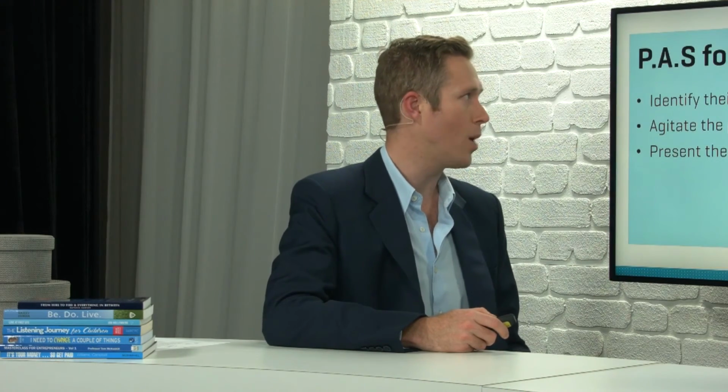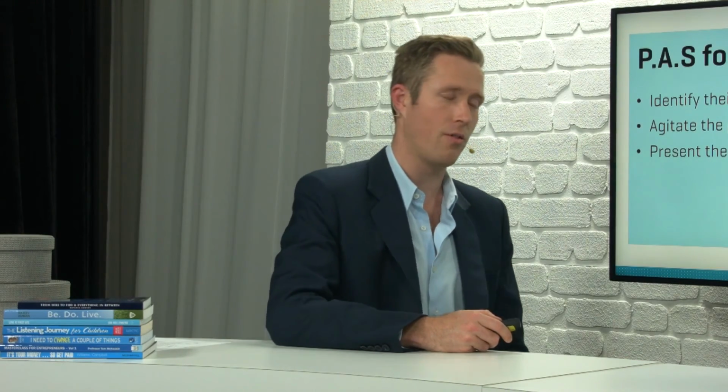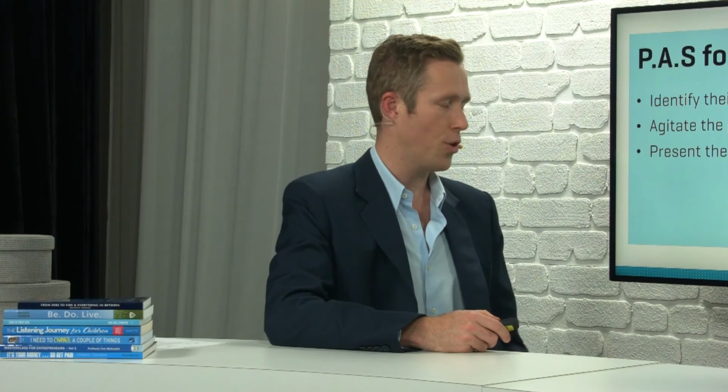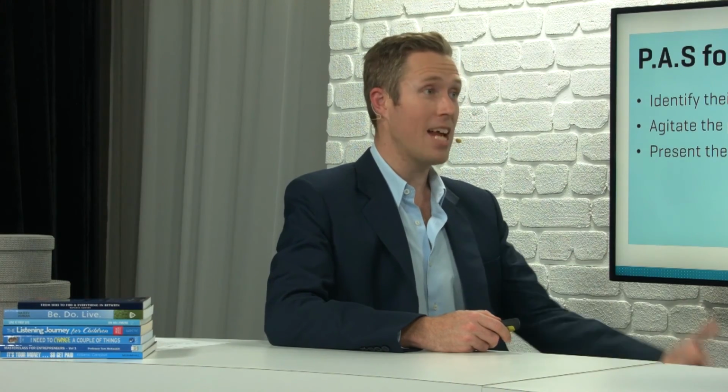It's when we're probably a little bit overweight and we're thinking, geez, I need to get in shape. It's the same with security. We think about it after the pain has occurred. So that starts with the PAS formula, because the first one is identify the problems of your target audience, and people do that through research. Then agitate the problem. So that's the A.